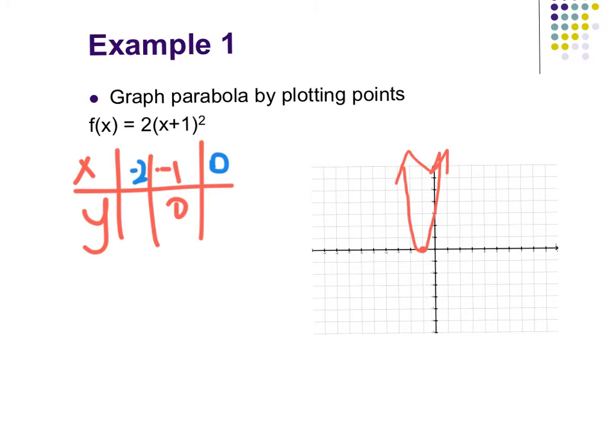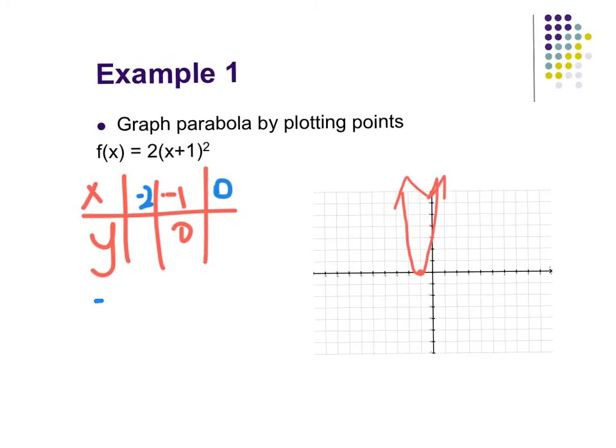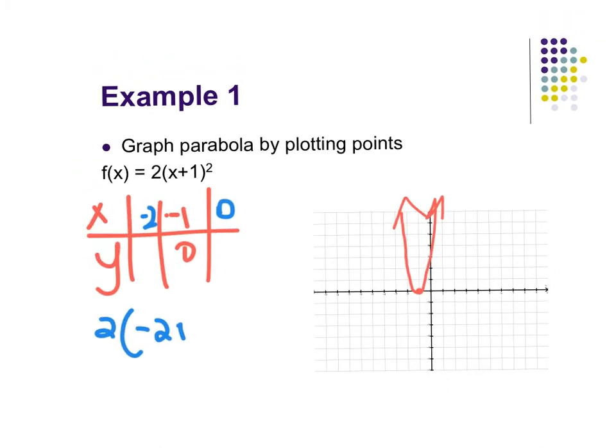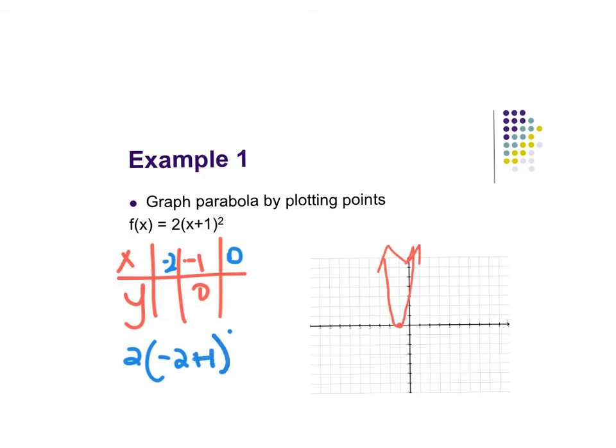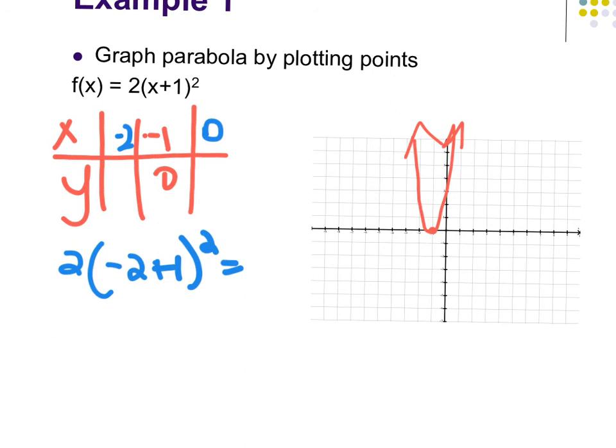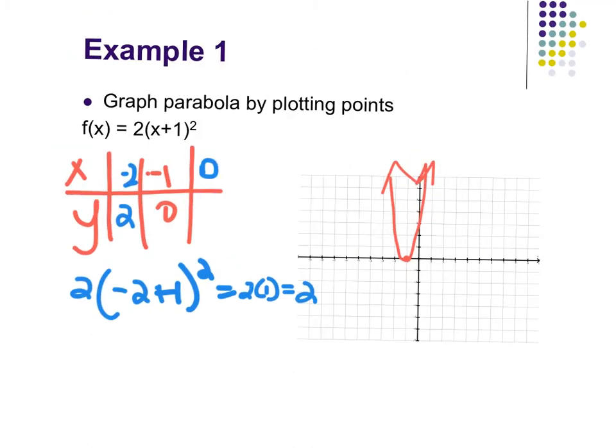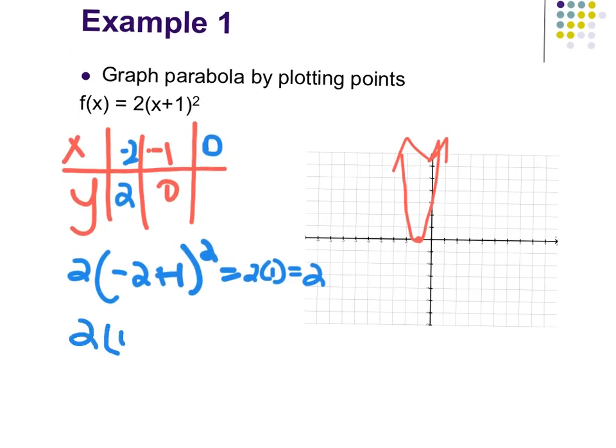So if I plug in -2, I get 2 times -2 plus 1, squared. And I get 2 times -1 squared, which is 1, equals 2. And then do the same thing with 0. 2 times 0 plus 1. And if you space them out evenly, so if I want one left and one right, then there should be a reflection.